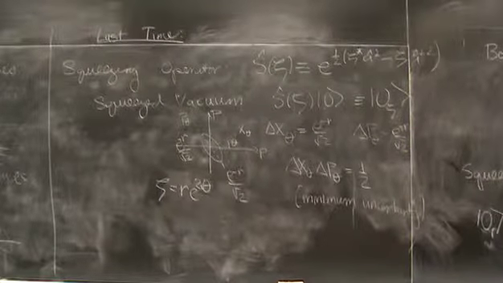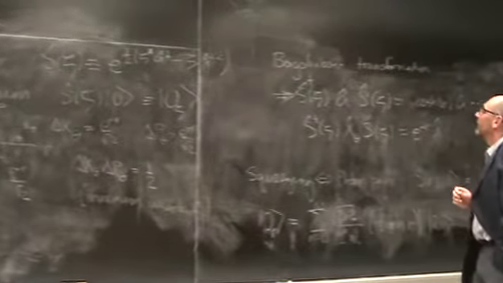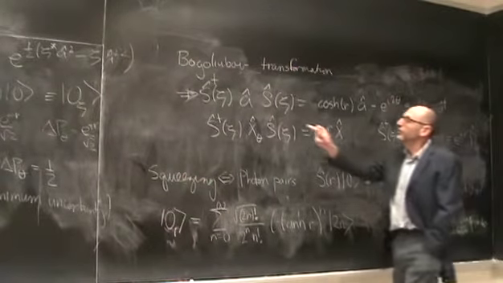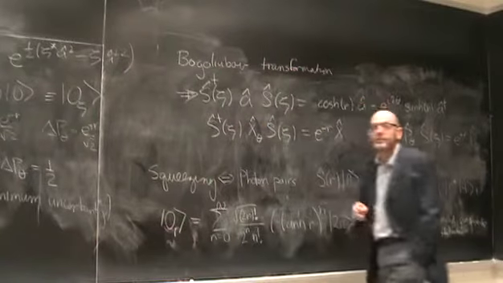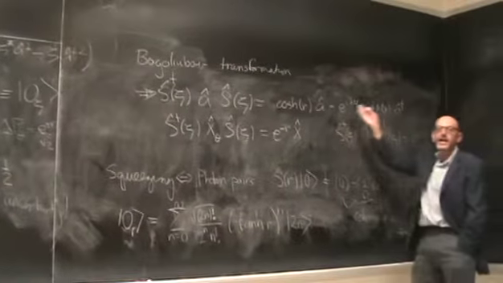Another important algebraic relationship is that this squeezing transformation, this unitary operator, induces a unitary transformation that's known as the Bogoliubov transformation. Okay? It kind of mixes together A and A dagger.